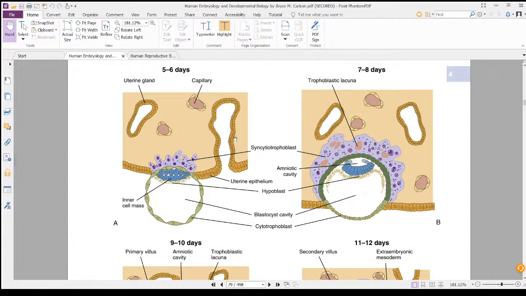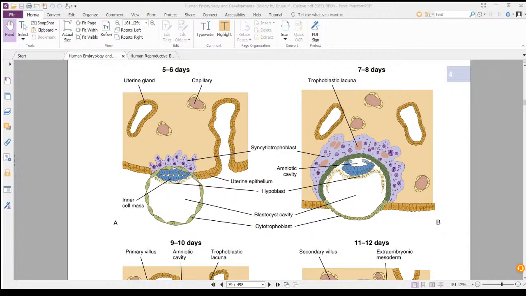If you see the image, this is the syncytiotrophoblast layer, the fusion layer, and it is covering the entire embryo. That is great stuff that is happening, known as syncytiotrophoblast formation.